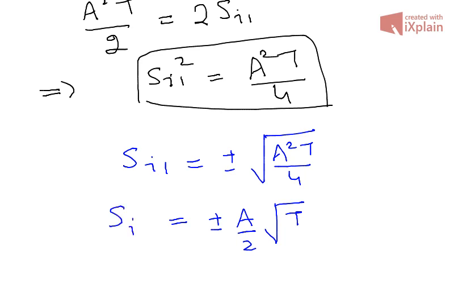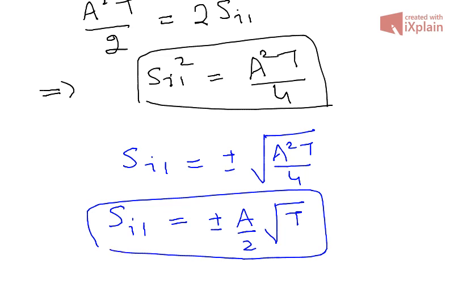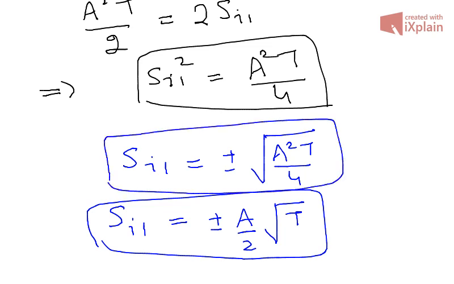So you can have this value for psi. Now, we can take this one or this one, right? So anyone is okay. So we can have psi1 in terms of A.